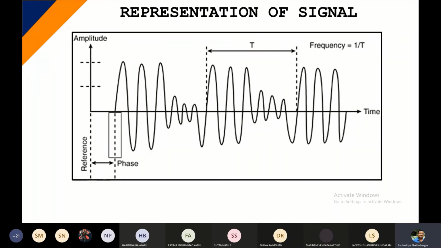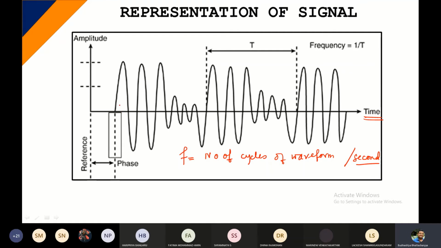Now, if you observe here, this is where the frequency is mentioned. If I define frequency, it is nothing but the number of cycles of a waveform per second. So this is a time factor. You can observe that this is given by the time period.